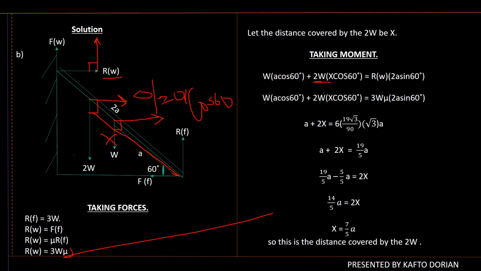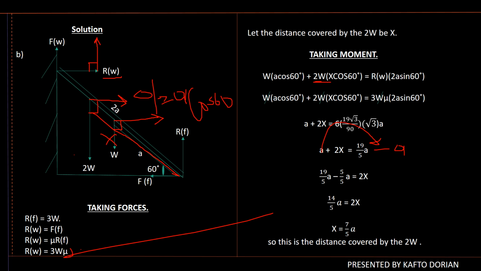Then send this A to this side. It will now be minus A. Since minus A can be written as 5 on 5a, because 5 on 5 is 1, it's just the same thing. You can simplify in your own way. Equals 2x. So now 19 minus 5 is 14 on 5a equals 2x.